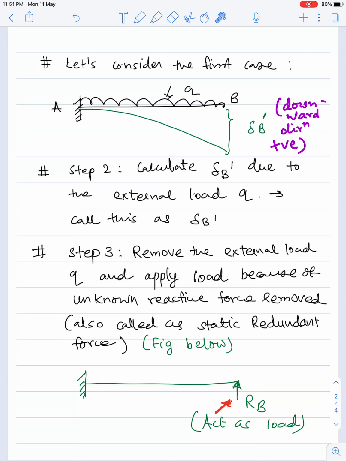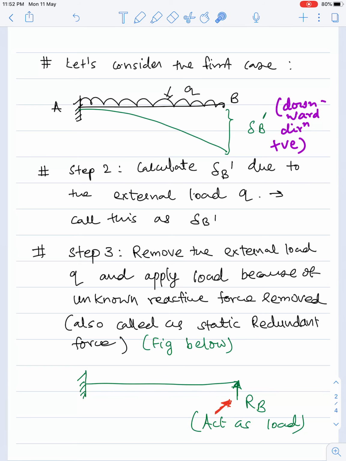Now in the second step, under the external load, we get the value of this deflection, delta B dash. We call delta B dash the deflection at B because of the external load Q. In step 3, you now remove the external load, because we have already considered the deflection due to it.